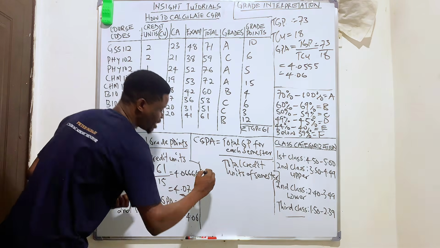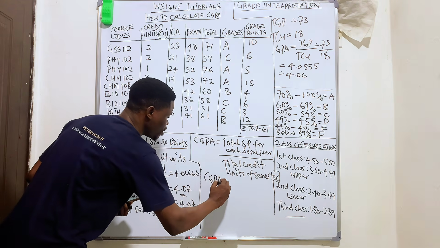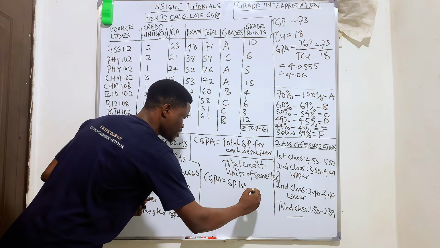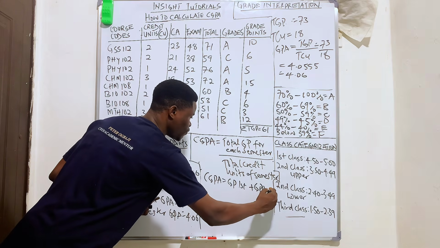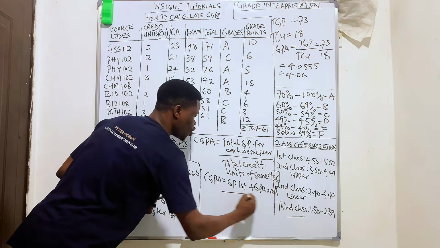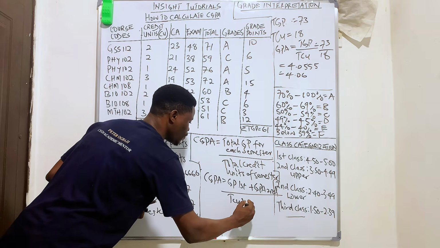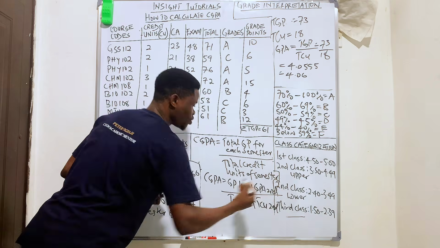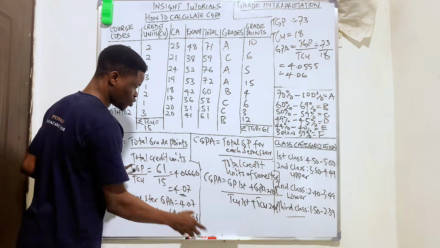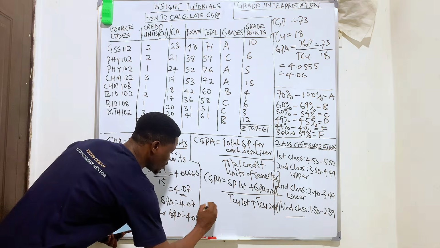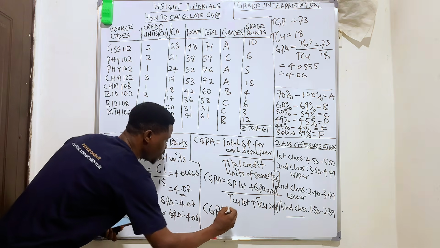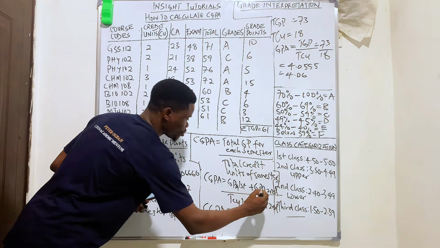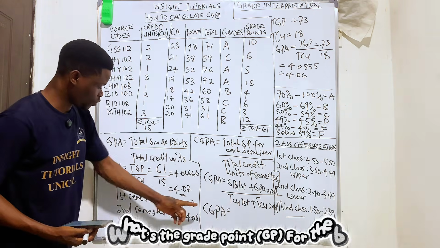In other words, I can say that this student's CGPA is the total grade points of first semester plus the total grade points of second semester, all over the total credit unit for first semester plus the total credit unit for second semester, just like that. So the student's CGPA is equal to, what's the total grade points for the first semester?